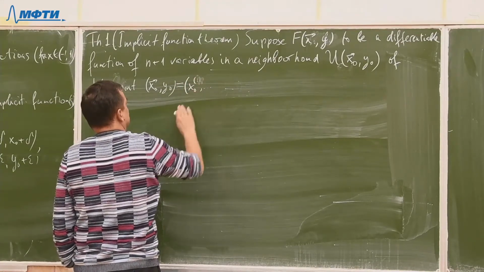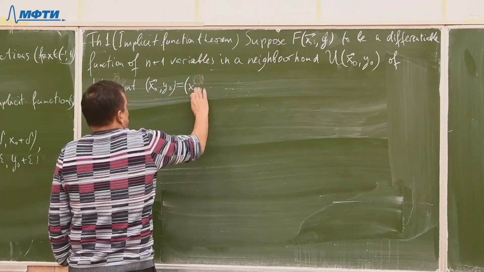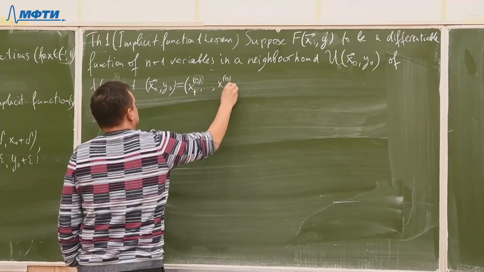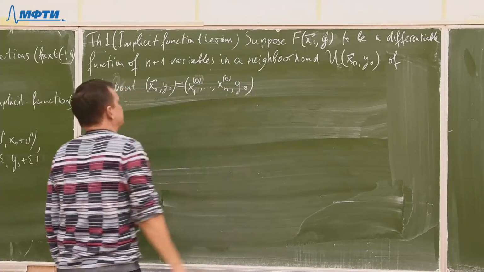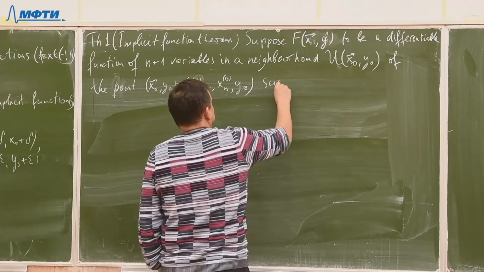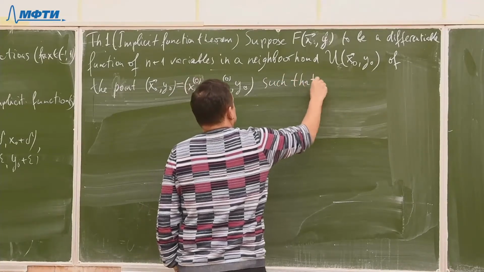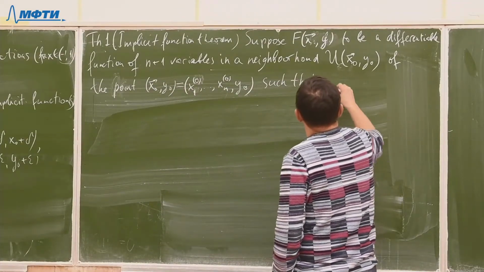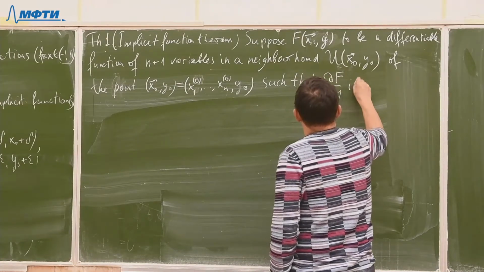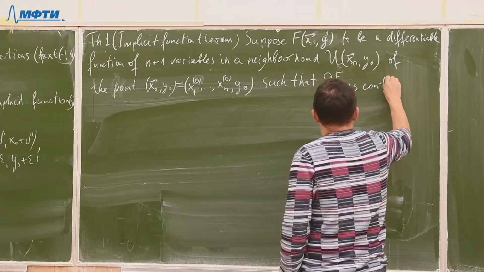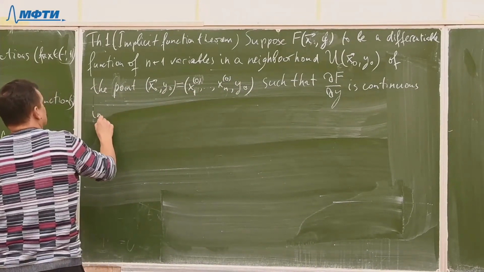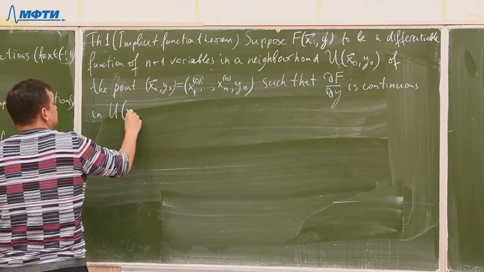Usually we wrote like that. Such that the partial derivative of capital F with respect to y is continuous in that neighborhood.